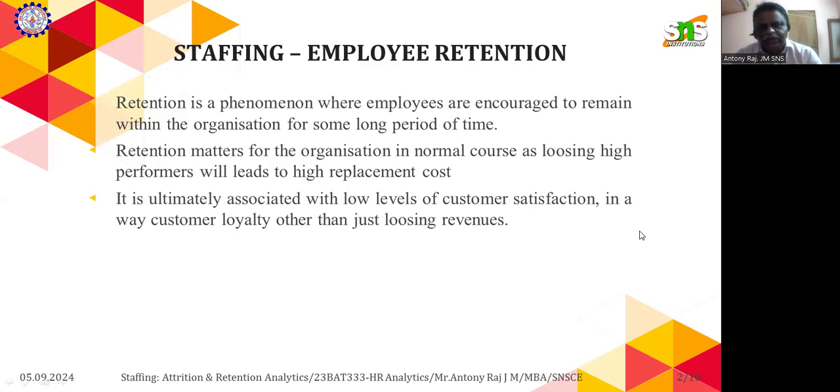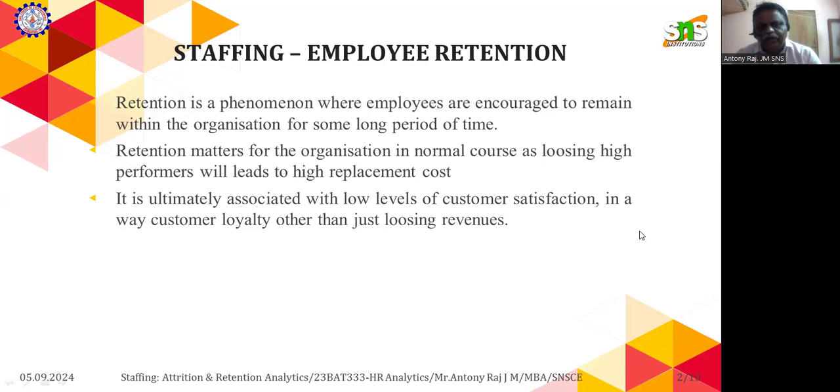Building a high performance team is not an easy task. It takes a lot of time, a lot of effort, and a lot of investment. So retention is very important for an organization, and it is high in terms of priority.